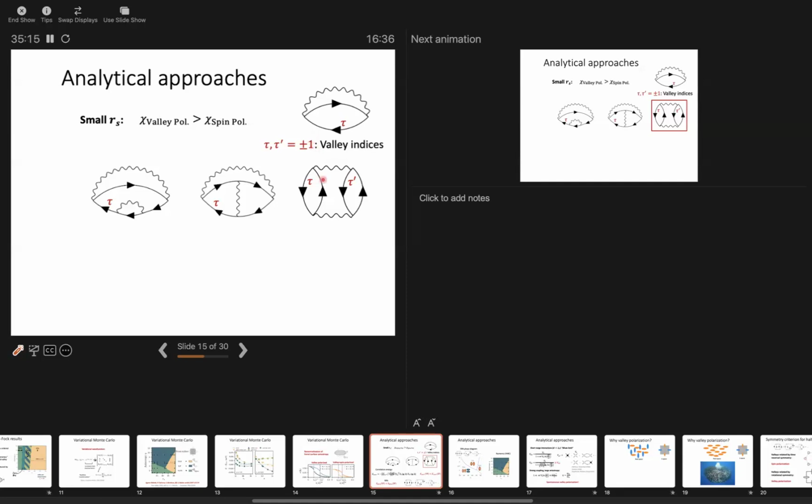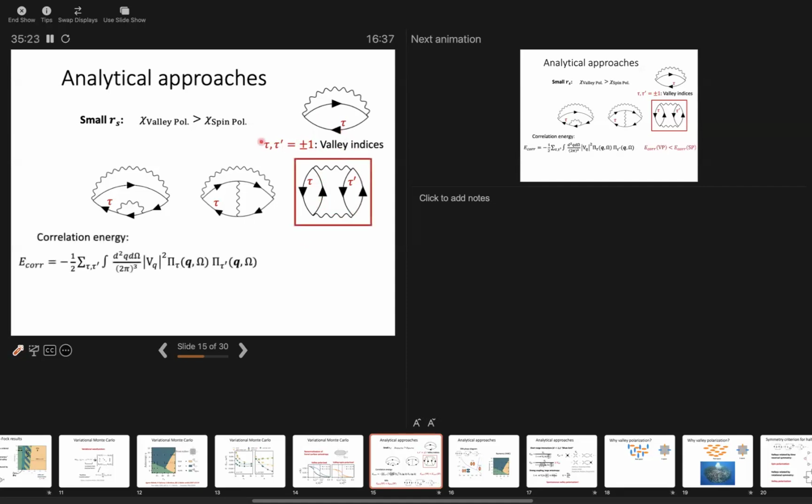All right. So this diagram, which is the so-called correlation energy, actually favors valley polarization, it turns out. It's very simple to prove. If you just calculate this diagram, the energy gain from second order correlations is always bigger for the valley polarized phase.